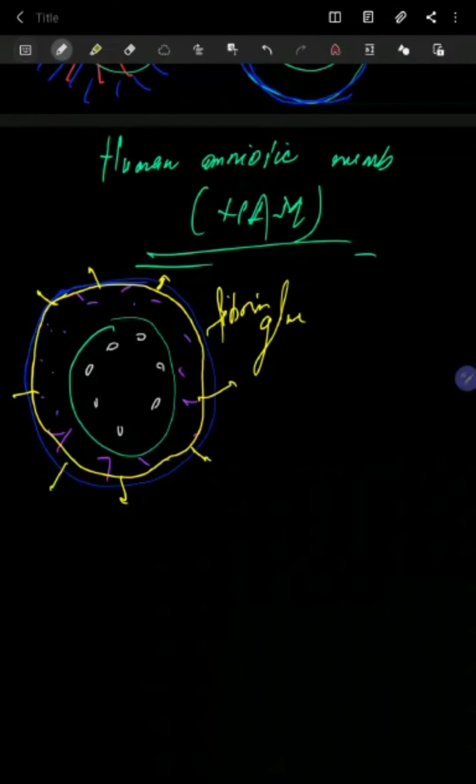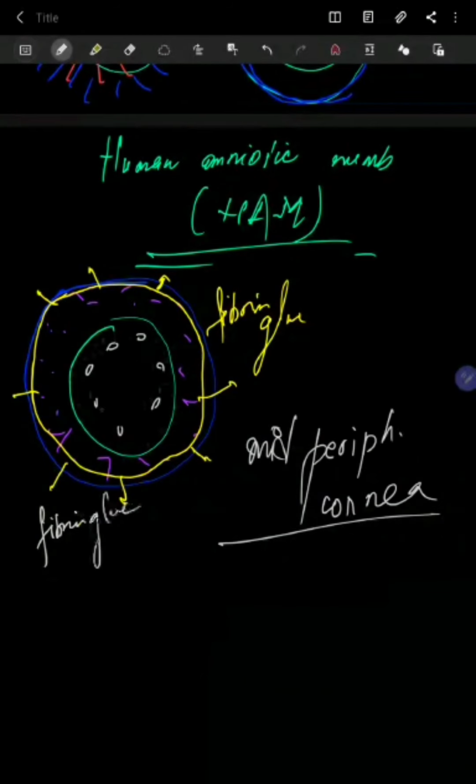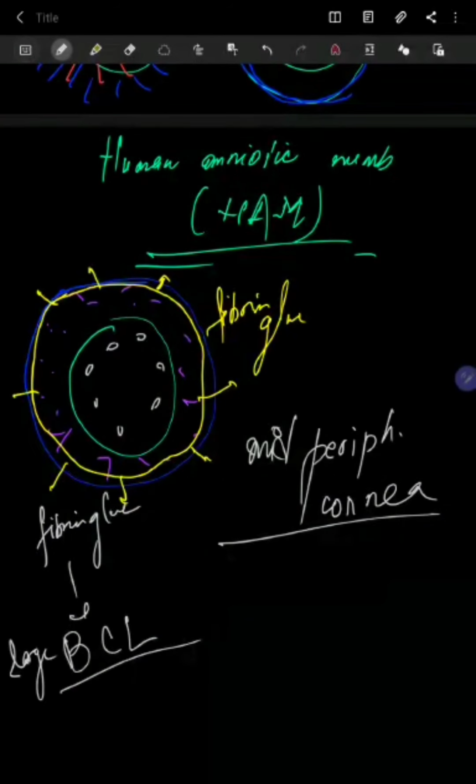Let's suppose that this is a small cornea and we have done 7 parts. So where did we place them? Mid peripheral cornea. Then we put little drops of fibrin glue so that it sticks to the base, and then we apply a BCL, a large BCL preferably.